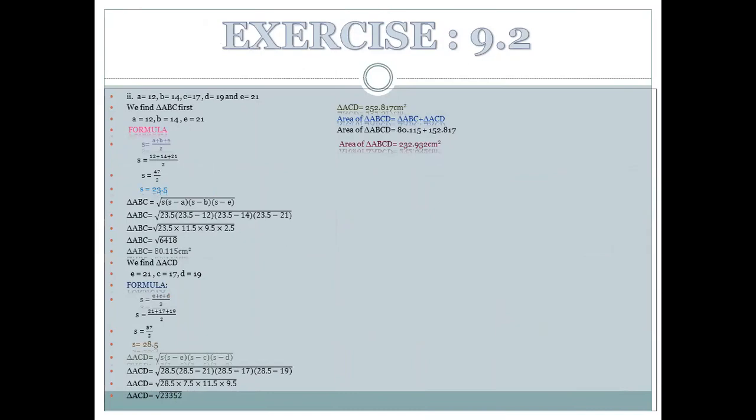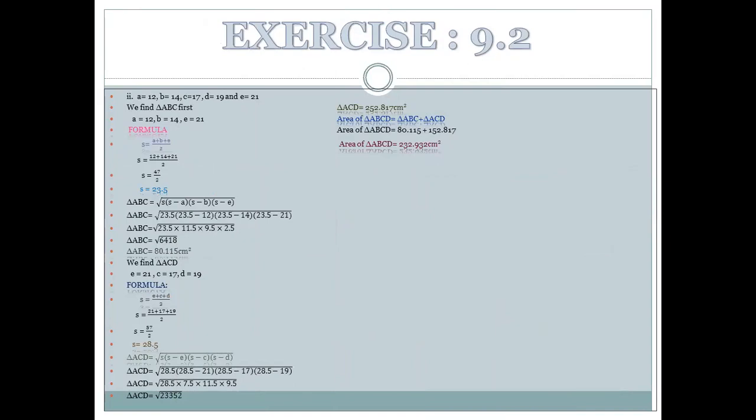Same for the second part, no change in it, only the values of A, B, C, D, E are changed here. First we take triangle ABC. Which sides are included? A, B and E. Same, you calculate S. S is equal to A plus B plus E by 2. Instead of C we write E here.